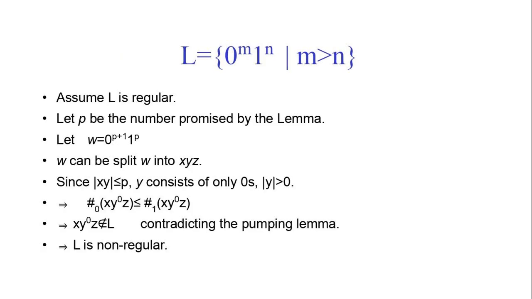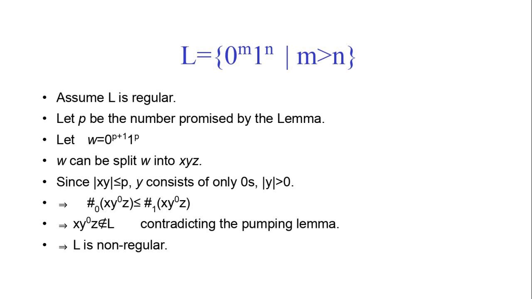Here, let's take one more example where language L is given as 0 raised to power m, 1 raised to power n, where m is greater than n. It means a language which has more zeros than ones. So a string w can be represented as 0 raised to power p plus 1, 1 raised to power p.